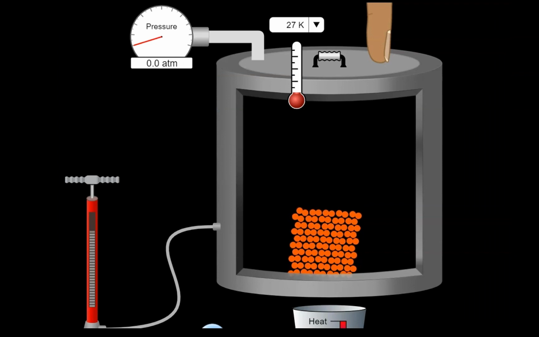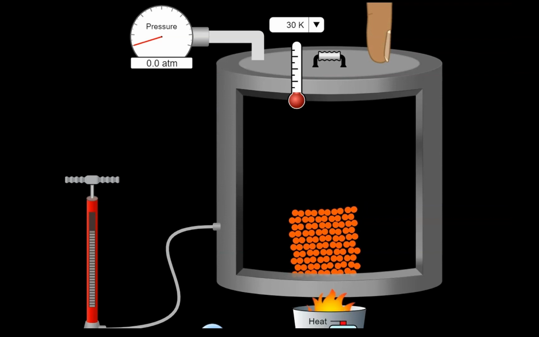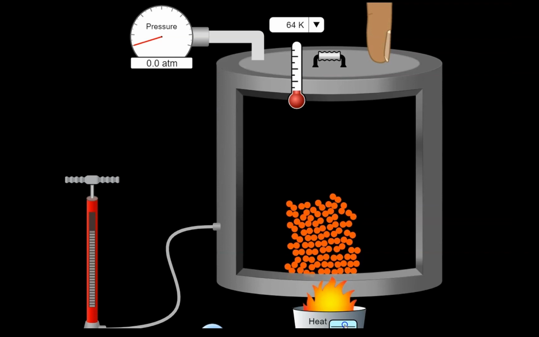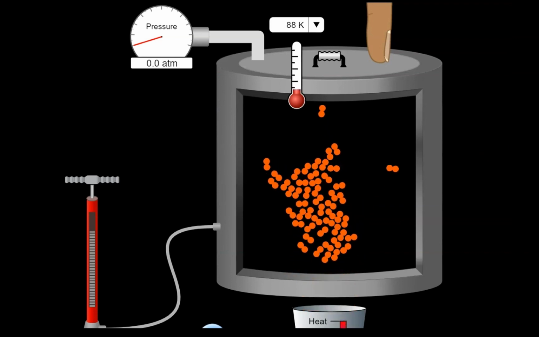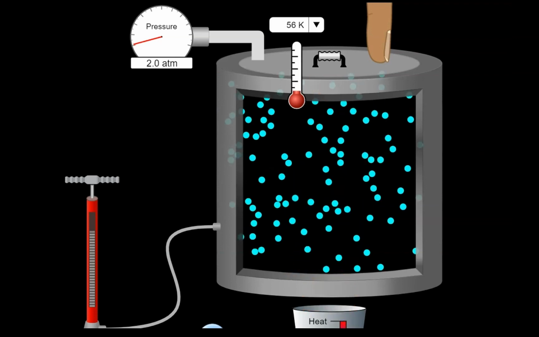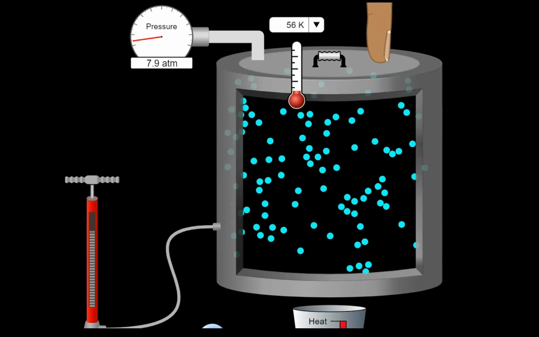So look at the situation here. We have this kind of animation here. We have particles vibrating in their fixed positions. That is a solid. Solid particles vibrate in fixed positions. Yes, you can see they vibrate. When the heat continues to heat this solid, the particles become free to move, so they collide.